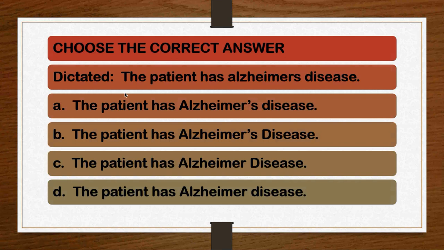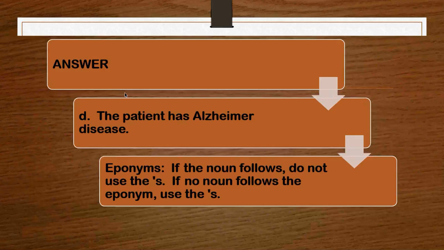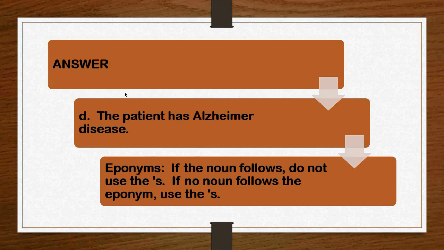Okay. The patient has Alzheimer's disease. Which is the correctly formatted answer? Okay, I'm seeing some mixed. I'm seeing mostly one. D. If no noun follows, don't use the apostrophe S. Disease follows that one, and you'll hear Alzheimer's.